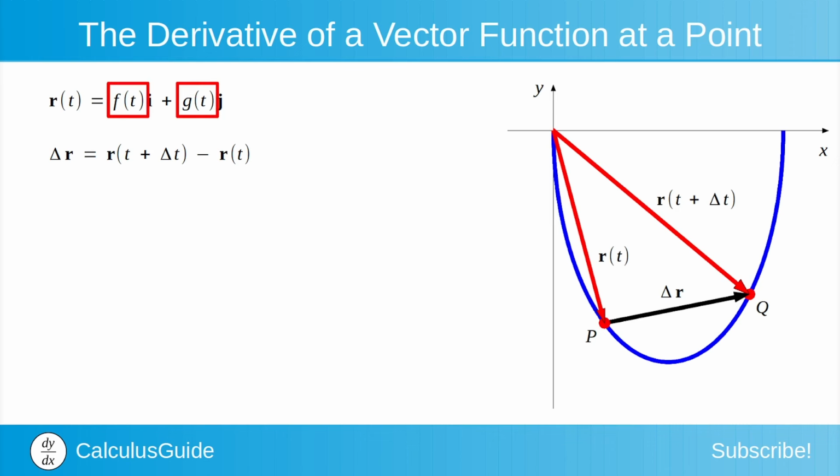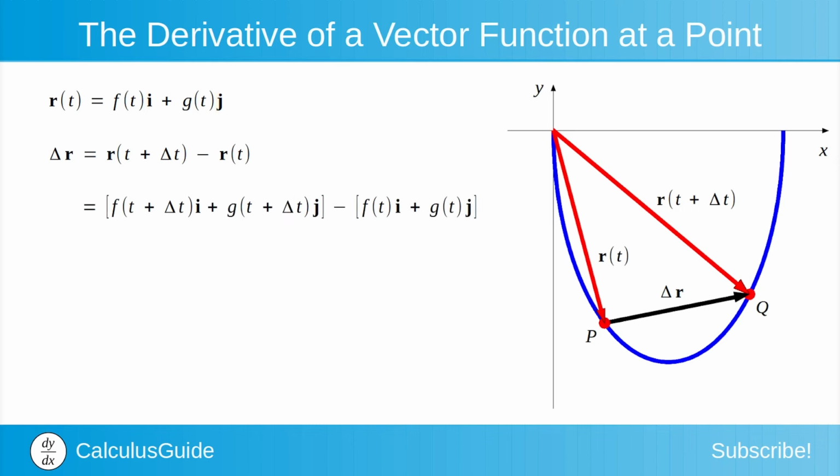When we do this, we get that delta r is equal to left bracket f of t plus delta t i plus g of t plus delta t j, right bracket, minus left bracket f of t i plus g of t j, right bracket.